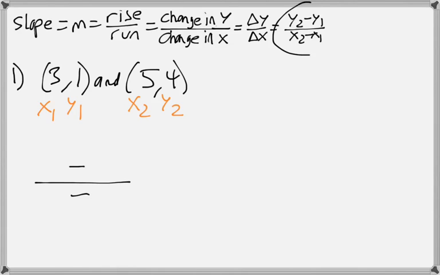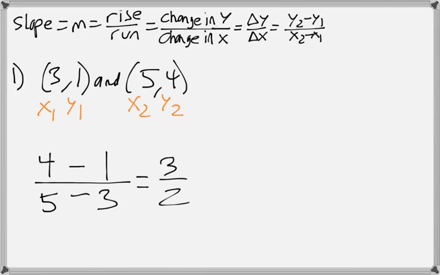So y2 is 4 minus y1 is 1, over x2 minus x1. So x2 is 5, x1 is 3. And that's going to give me 3 over 2, and that would be my slope.